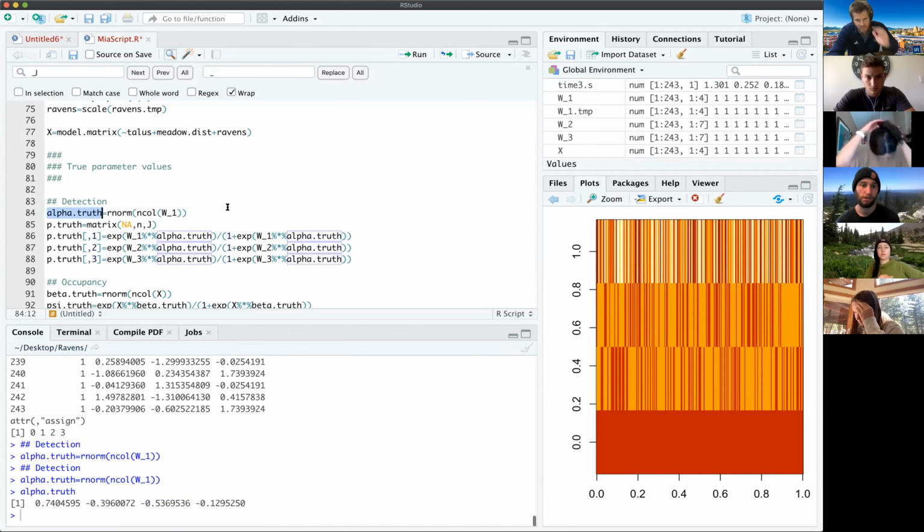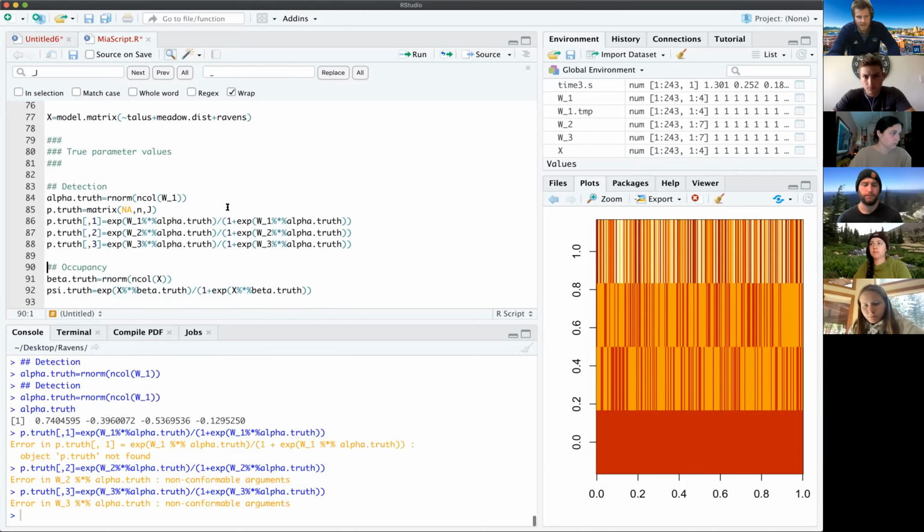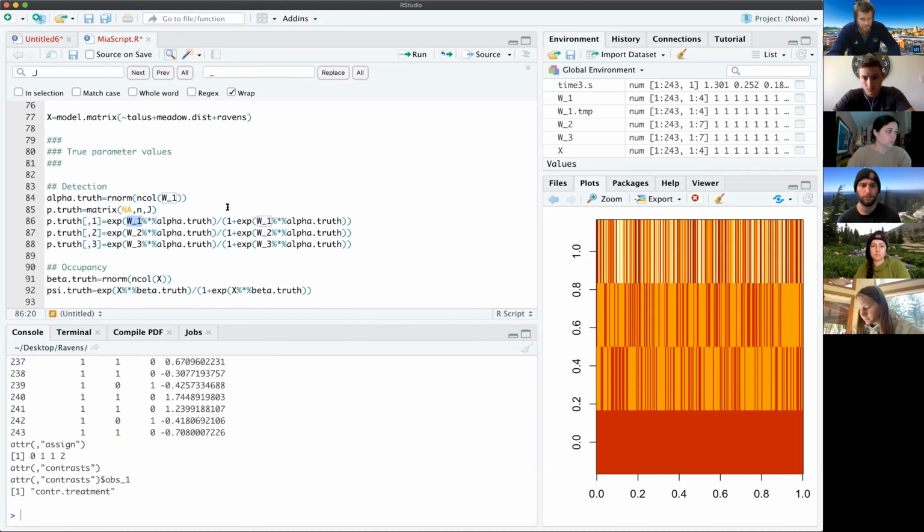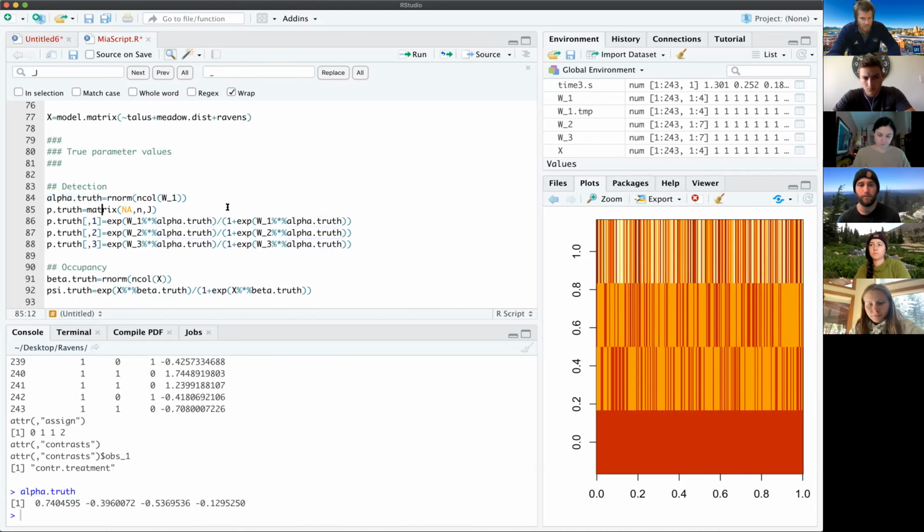So we simulate true values of alpha. We have 4 of them. And then we have to simulate the true detection probability using our inverse logit function. And we're going to do it for 3 different columns because we have 3 different time periods. Let's see. One, two, three, 4 columns and 4 alphas.